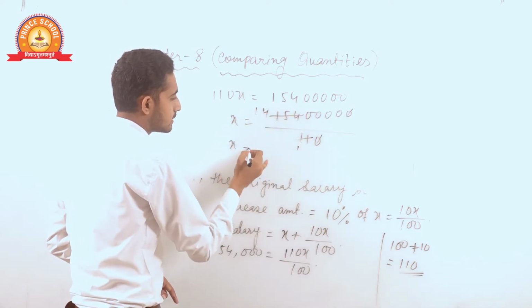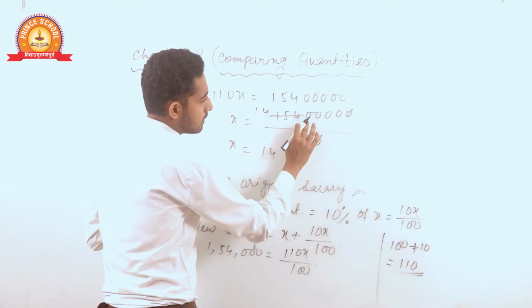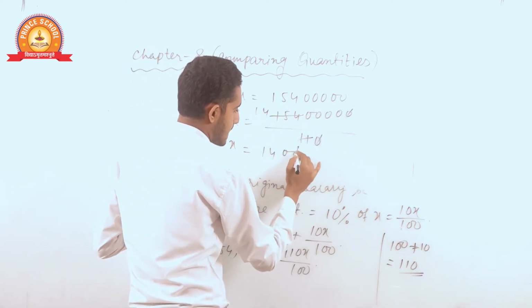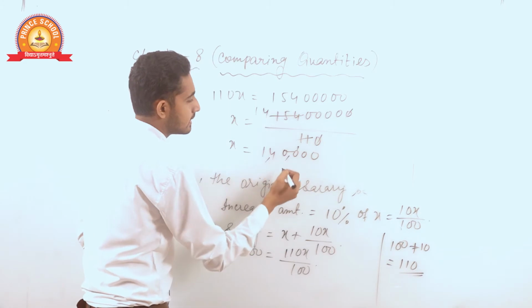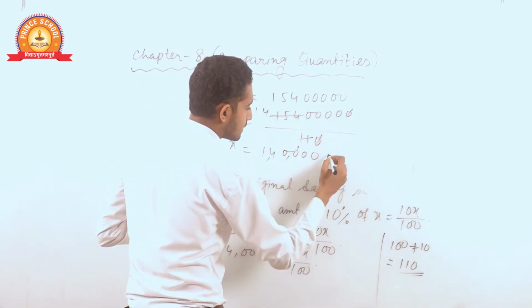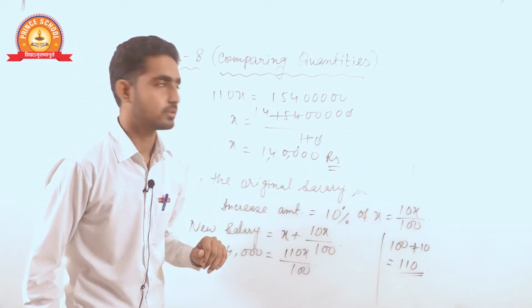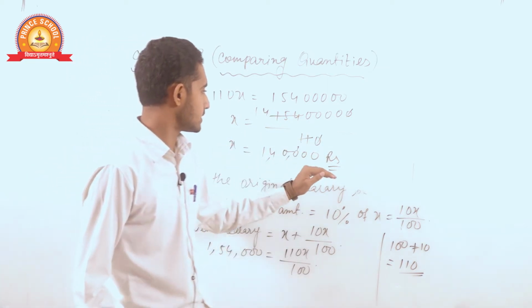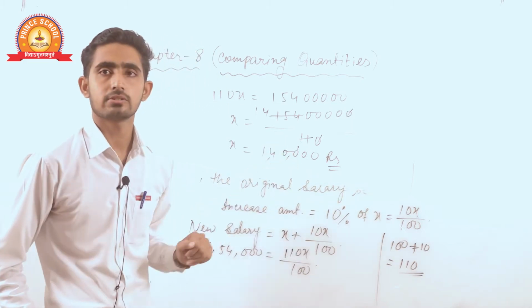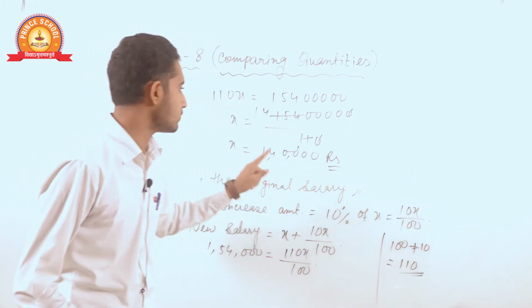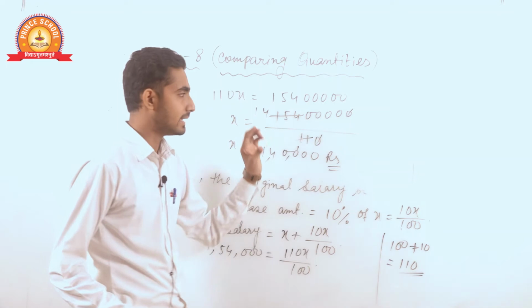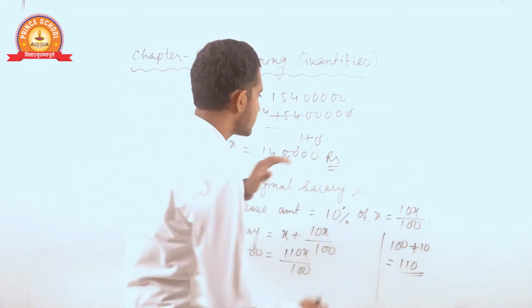So that means x is equal to 1,40,000 rupees. That is your original amount. So his original amount is 1,40,000 and new salary is 1,54,000 and increase is 10%. That is your complete answer.